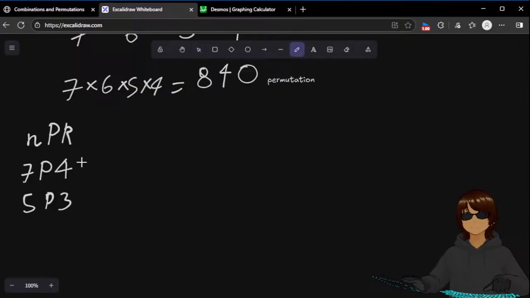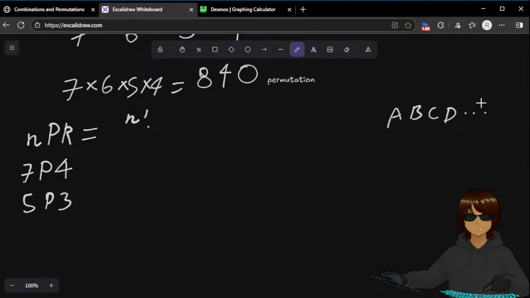So the formula for permutation is, if you have n items, there are n factorial ways to arrange them.